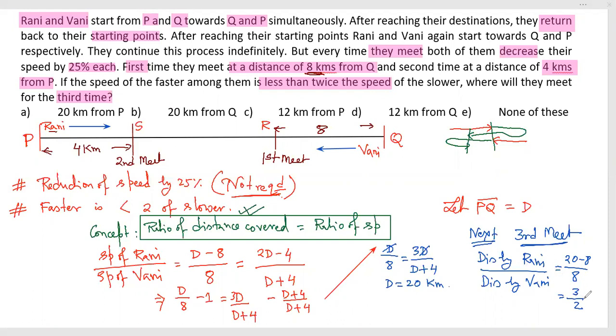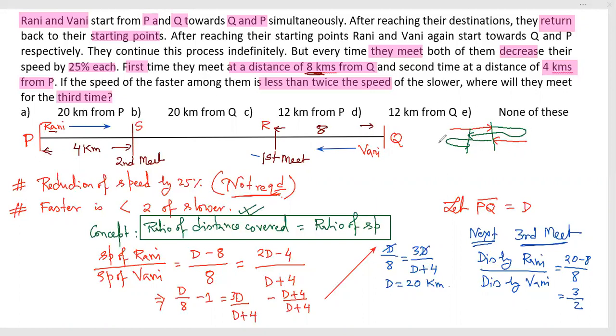Now 3:2 is the ratio of their speed as well as distance traveled. If the speed ratio is 3:2, whenever Rani has traveled 3 lengths, Vani will travel 2 lengths. That means next time Rani moves from here to here, reaches the P point and returns back, and at the point Q they will meet. At that time Vani has covered twice the length.